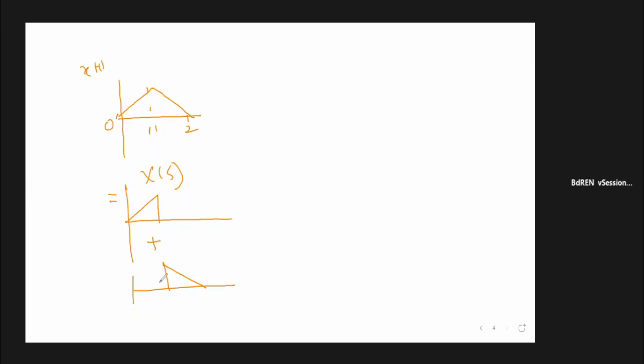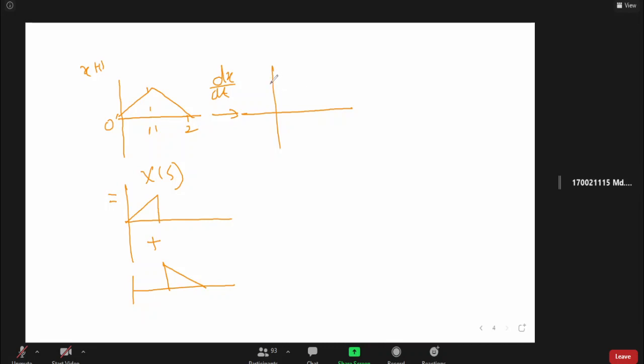Is it okay? If we add these two things in this way, you can have your result there. Yes, sir. But you know the differential and integral properties of the Laplace transform. Can we, for example, differentiate this function, like dx by dt? How will it look? Sir, a pulse, isn't it something like this?